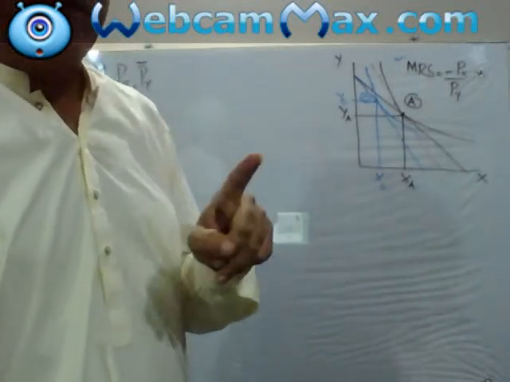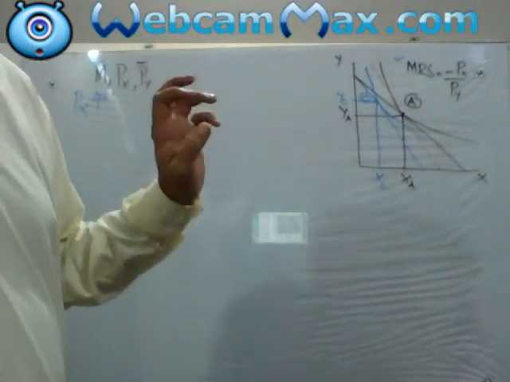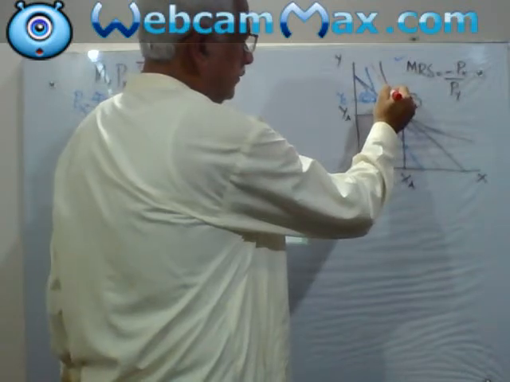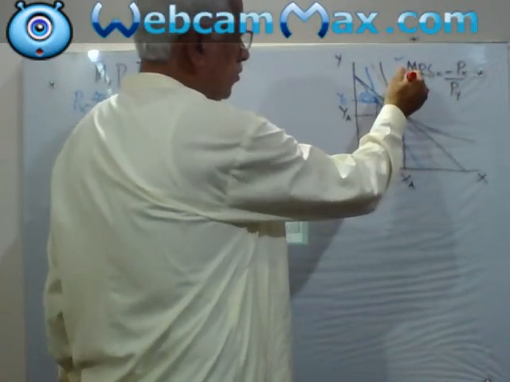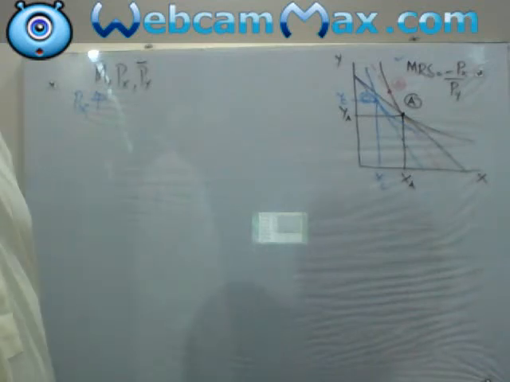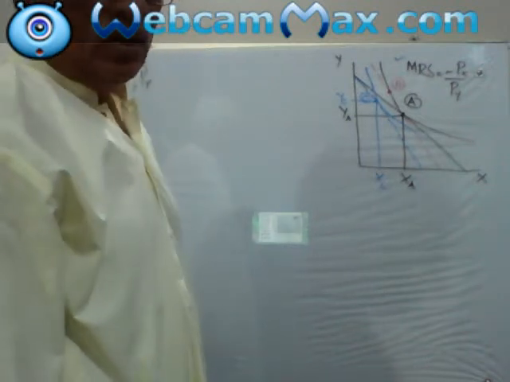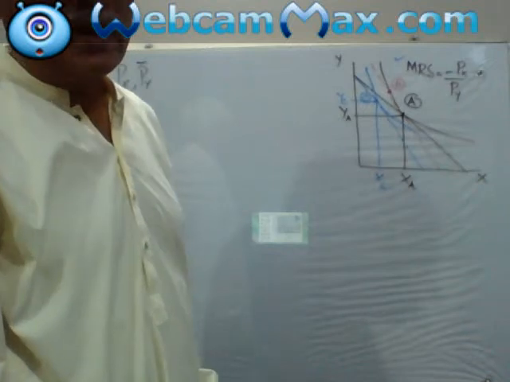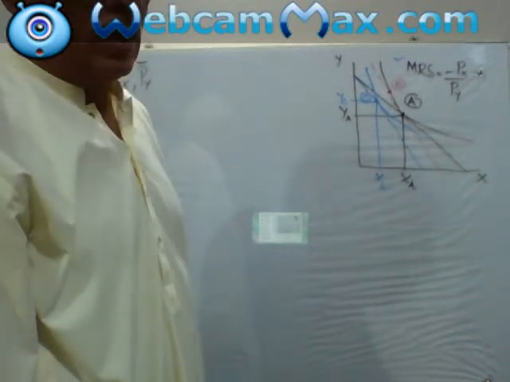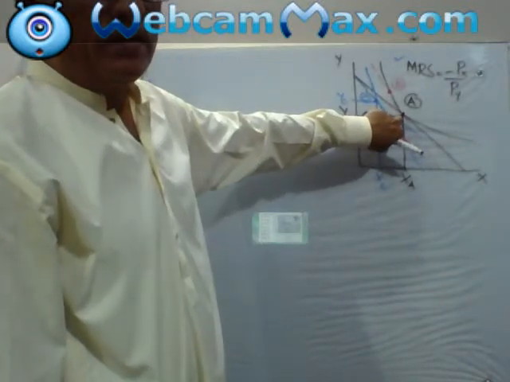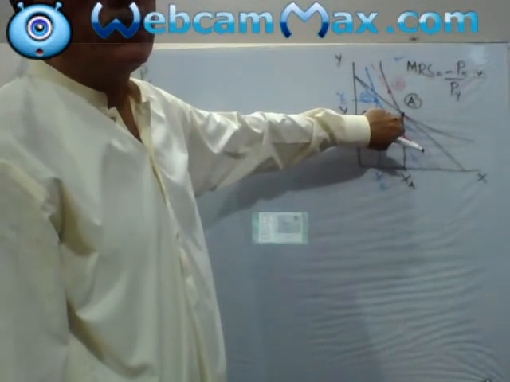This price ratio reflects the increased price of X and the constant price of Y. And the optimum point is somewhere here, point B. So point B is the new optimum point when the consumer's real income is constant and the price ratio changes, because A is the optimum point at the original price ratio before the change in price.